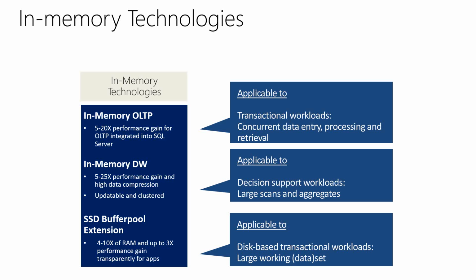In-memory data warehousing, by contrast, is more to support the analytics world and data warehouse type queries, where you have decision support workloads, large scans and aggregates across very big volumes of data. And it's not uncommon with the clustered column store to get upwards of 80 to 90% compression.